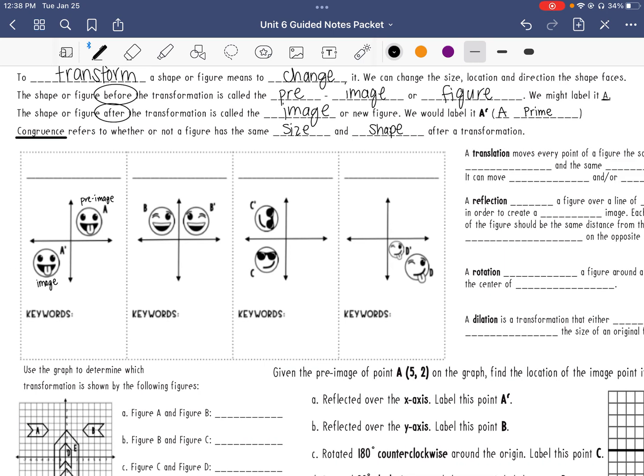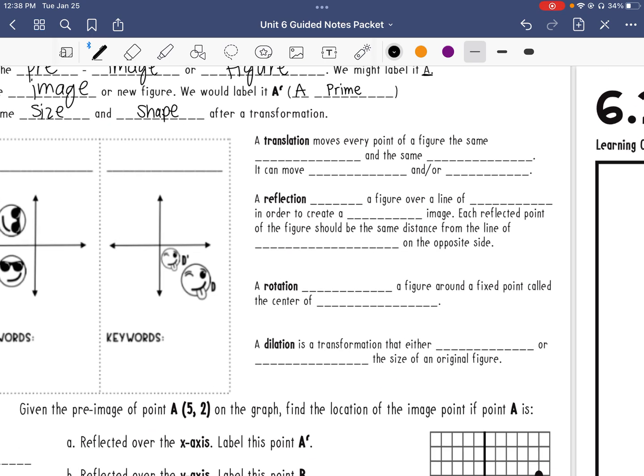So, if the pre-image and the image are the same size and shape, we would say they are congruent. They're the same, okay? We'll talk more about that in a little bit, but if it doesn't change the size or shape, the transformation is congruent.